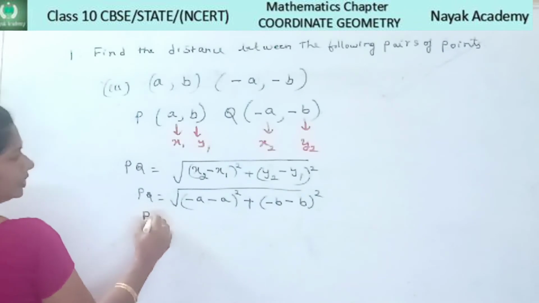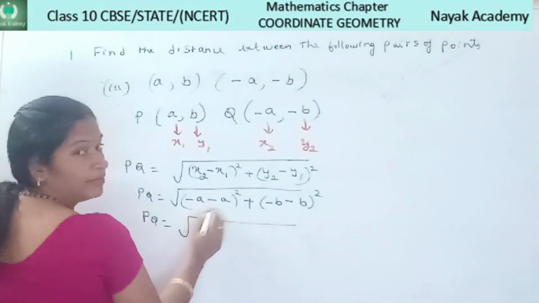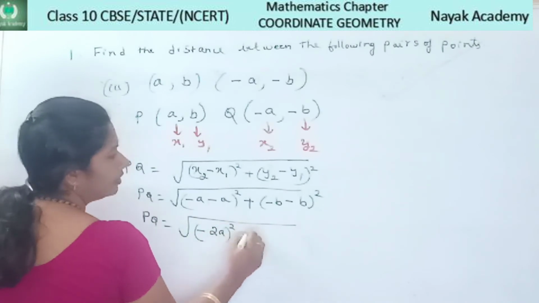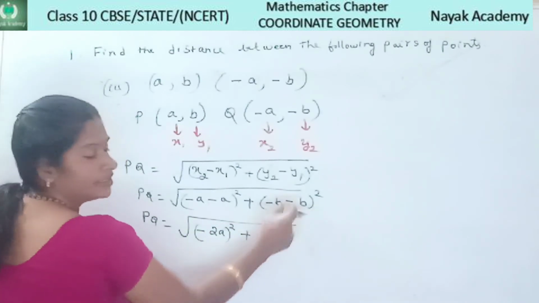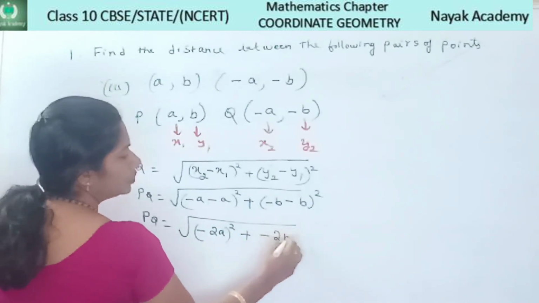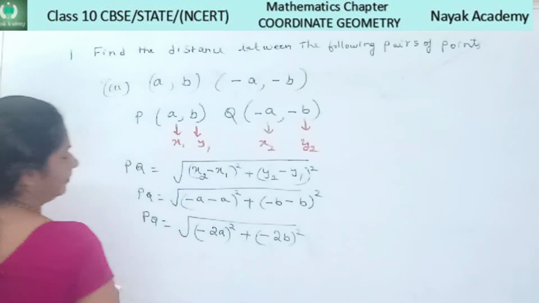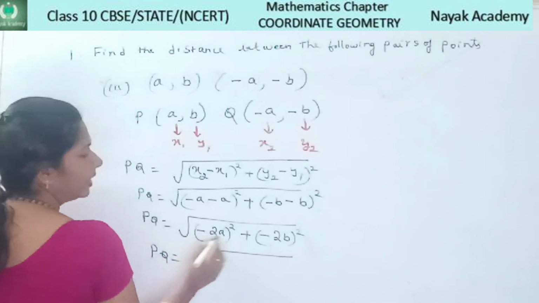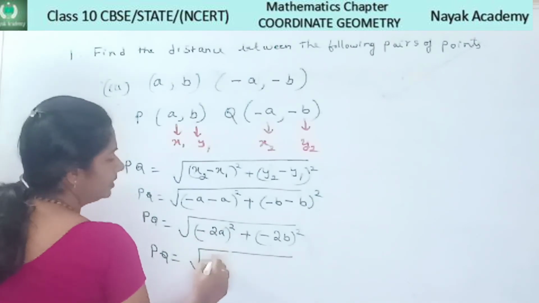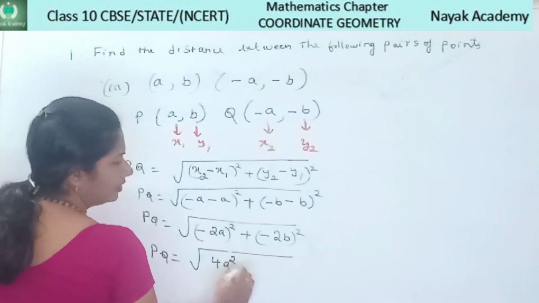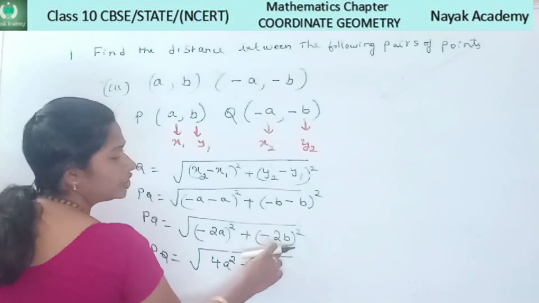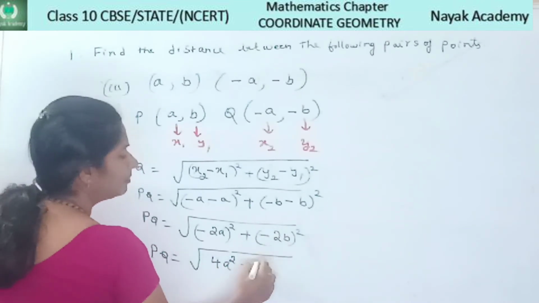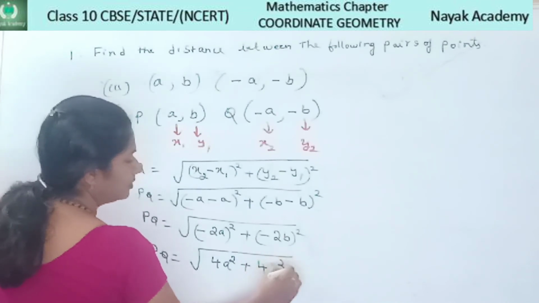So PQ equals (minus a minus a, that is minus 2a) whole square plus (minus b minus b, that is minus 2b) whole square. So PQ equals square root of minus 2a whole square is plus 4a square plus minus 2b square; minus 2b into minus 2b is plus 4b square.